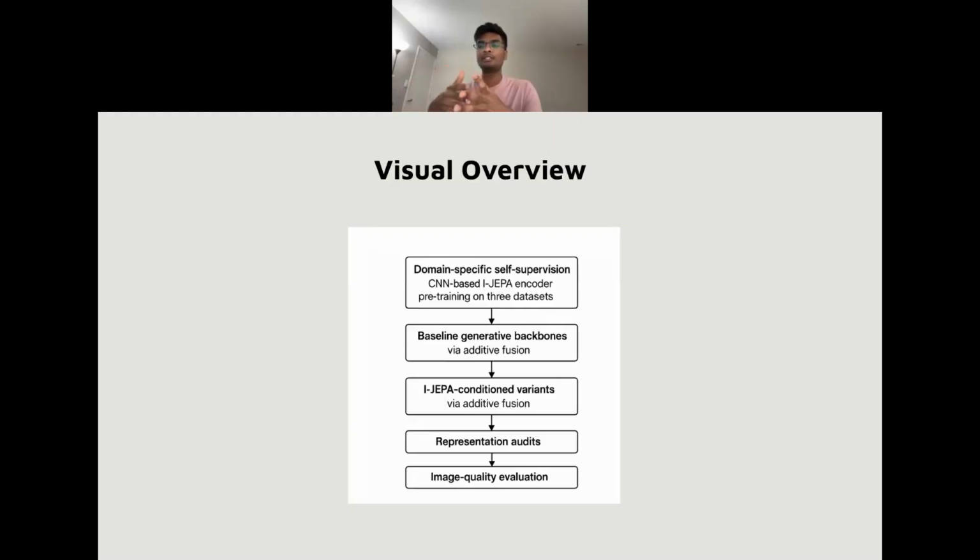Our main concern was to address the issue where the data set is very small, so in that case, ViTs would not do a great job. So we stuck with the CNN-based I-JEPA, and then we provide the features to the baselines, which are the generative backbones. Once they are conditioned, we also see how semantically good the features are, and then we produce images and see how the image quality is based on FID and precision-recall.